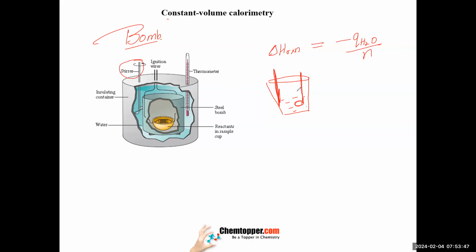So the stirrer is part of the experiment. In this coffee cup calorimeter, the pressure outside is 1 atm and the pressure inside is 1 atm. No change because it's a coffee cup. If you change the pressure, then even the cup will break down or get squeezed. So the coffee cup is at constant pressure.